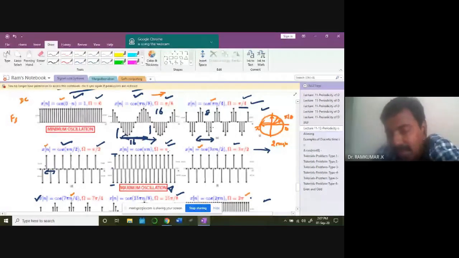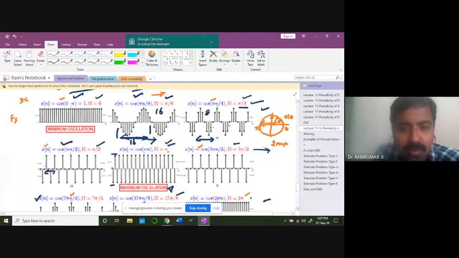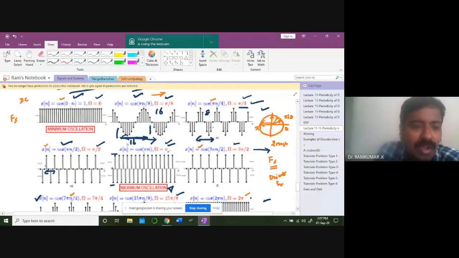So sampling at a rate of particular frequency, along with that you need to be careful about the sampling rate also. The sampling rate is going to determine your discrete frequency. You keep this idea in mind. You can visualize this. For example, in order to sample one cycle of a waveform, I need to have at least 2 samples, at least like this.